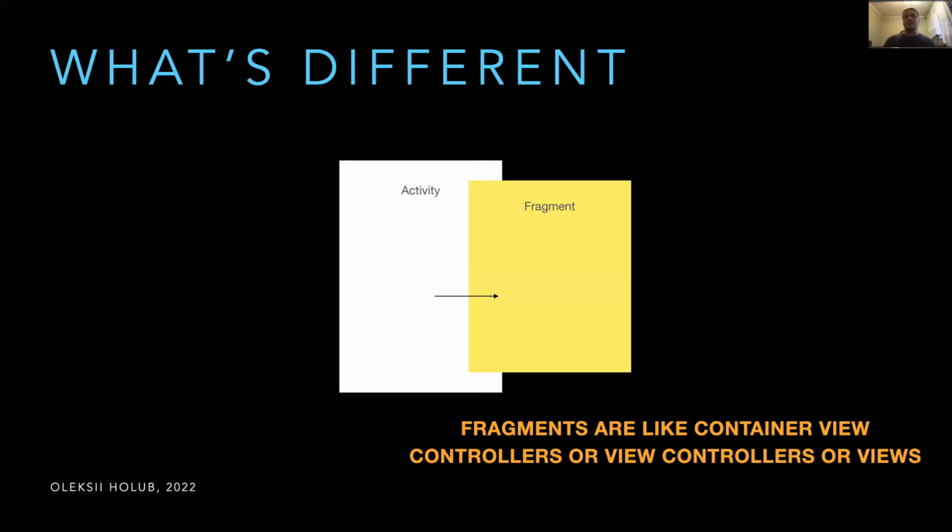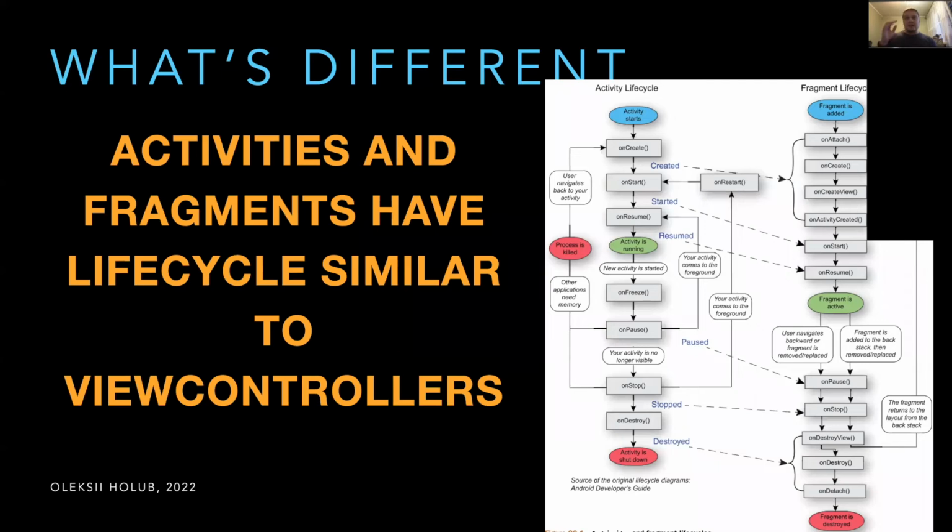That's how it works. The important thing to understand is that there is a life cycle, and it is a little bit more complicated, I would say. What you see on the left part of the image is the activity life cycle, and a fragment, which is put on top of that activity, will rely on its life cycle.